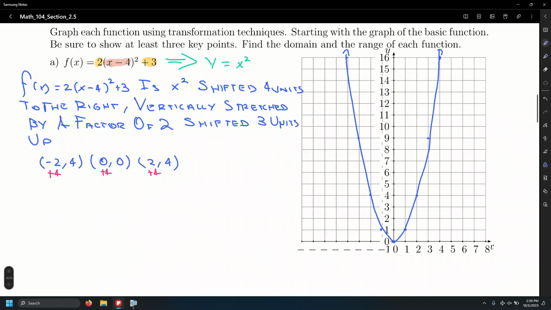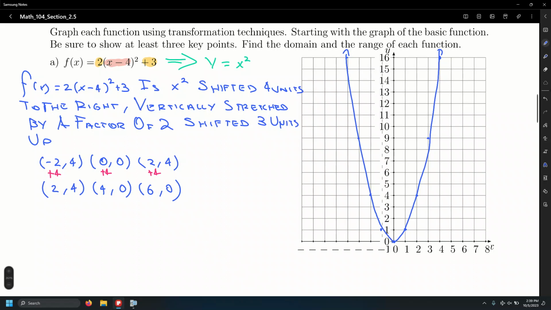So that'll be 4 minus 2 equals 2, comma 4. 4 plus 0 is 4. 0 is still 0. 4 plus 2 equals 6, comma 0. So that's the first operation, and that's all about the transformation in the horizontal direction. There's nothing else in horizontal transformations.